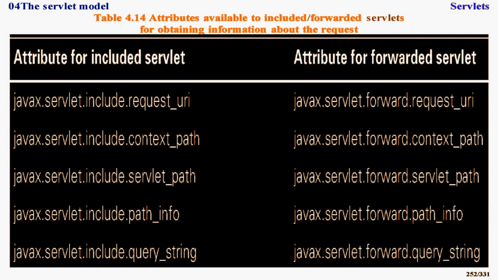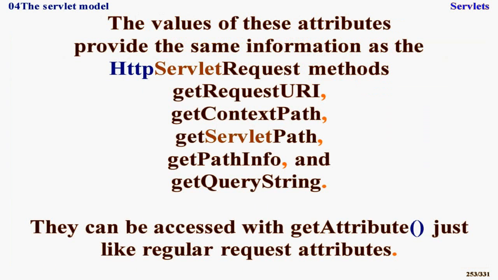Attributes available to included or forwarded servlets for obtaining information about the request. The values of these attributes provide the same information as the HttpServletRequest methods getRequestURI, getContextPath, getServletPath, getPathInfo, and getQueryString. They can be accessed with getAttribute just like regular request attributes.